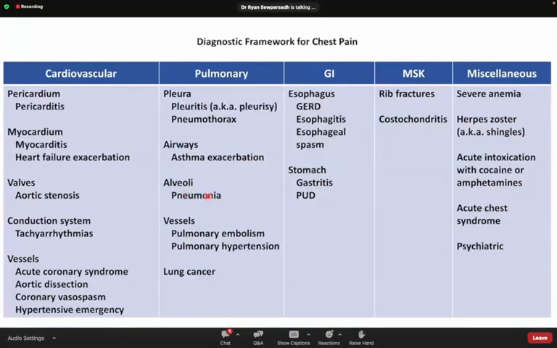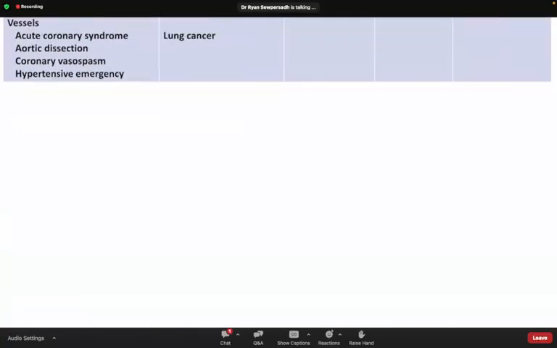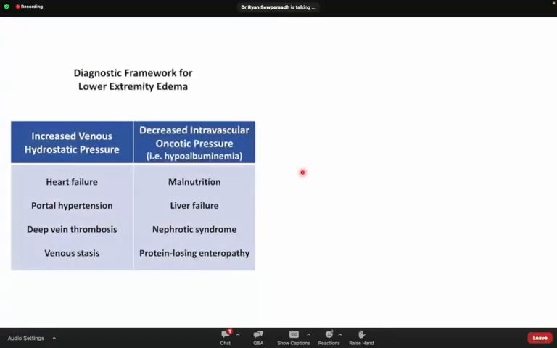Okay, so for instance, most commonly diagnostic frameworks are based on organ system, like we see the causes of chest pain here, right? Divided into cardiovascular, pulmonary, GI, muscular, skeletal, and miscellaneous. However, for some systems, alternative organizational schemes might actually be more appropriate, such as when we talk about pathobiological mechanisms of edema, for instance, all right?